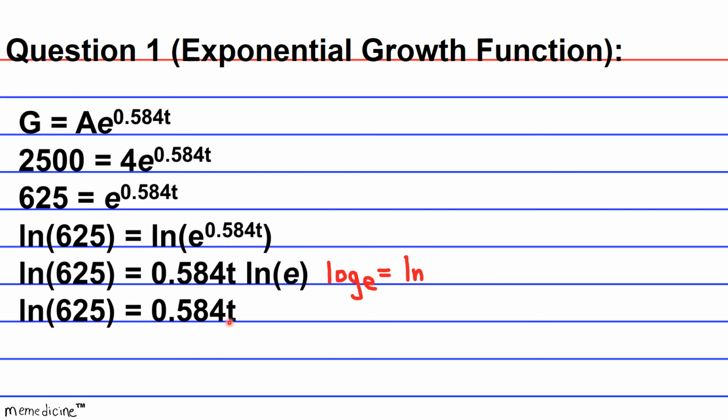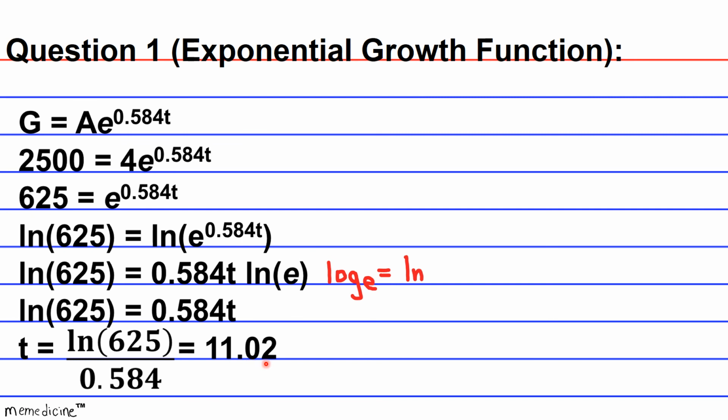So all we're going to do is flip this around and divide the natural log of 625 by 0.584, and plug this into your calculator. So t is going to equal the natural logarithm of 625 divided by 0.584, and when you plug it into your calculator, you're going to get 11.02.